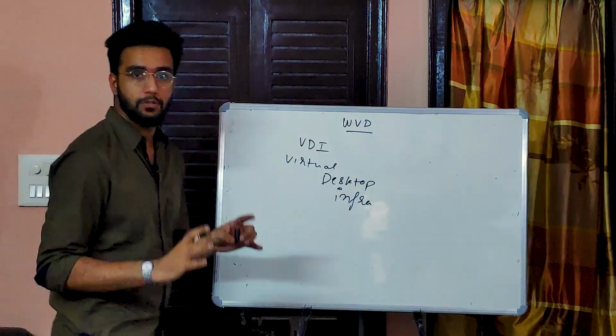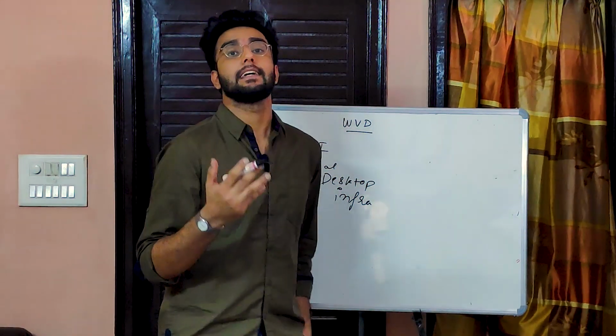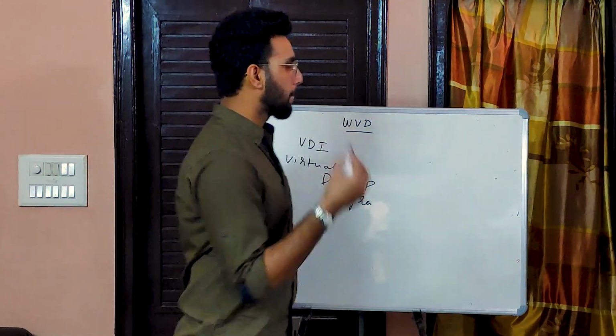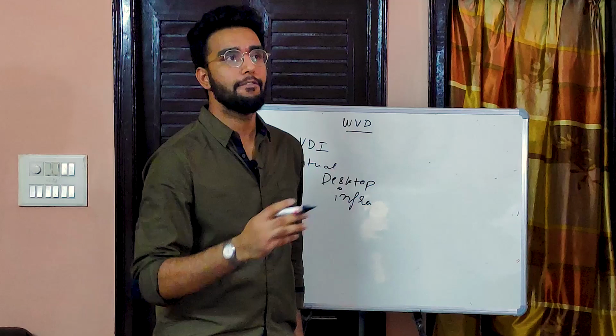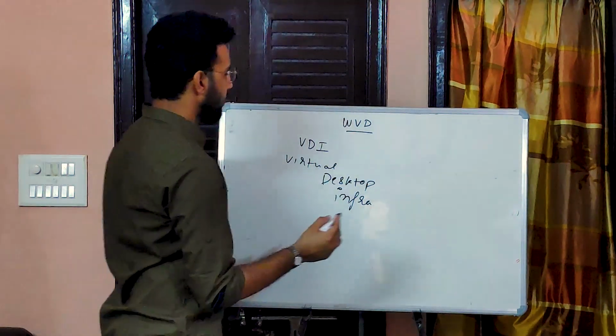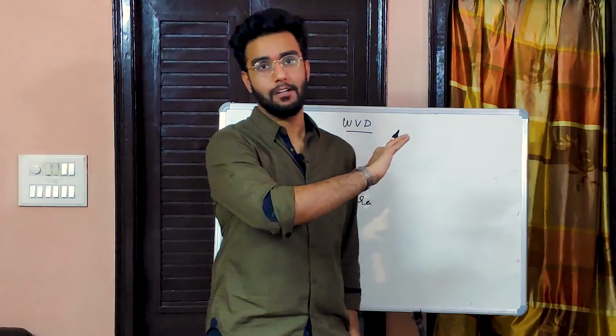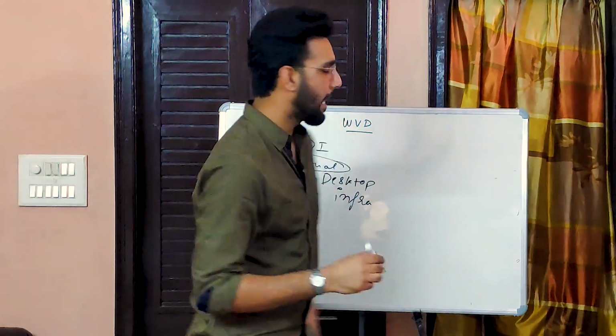So what is virtual desktop infrastructure? Virtual desktop infrastructure means that the client machines or the computers that you are going to have for your users or end users in the company, we are going to virtualize them, right? Rather than virtualizing just the server, now we are talking about virtualizing the client machines as well.